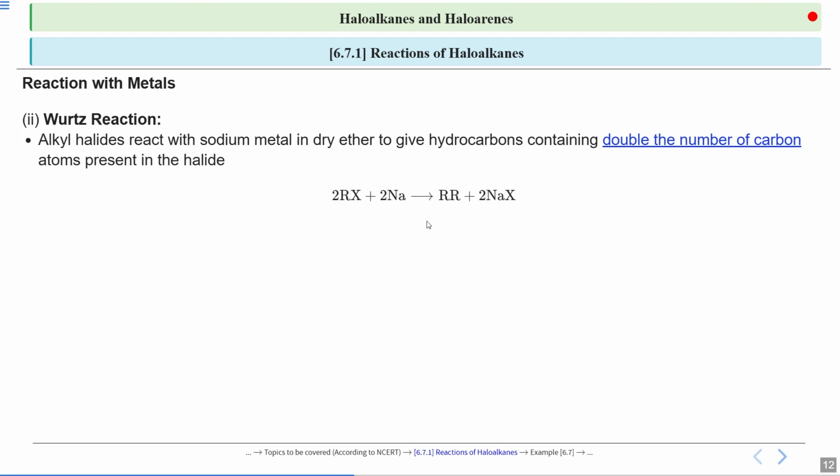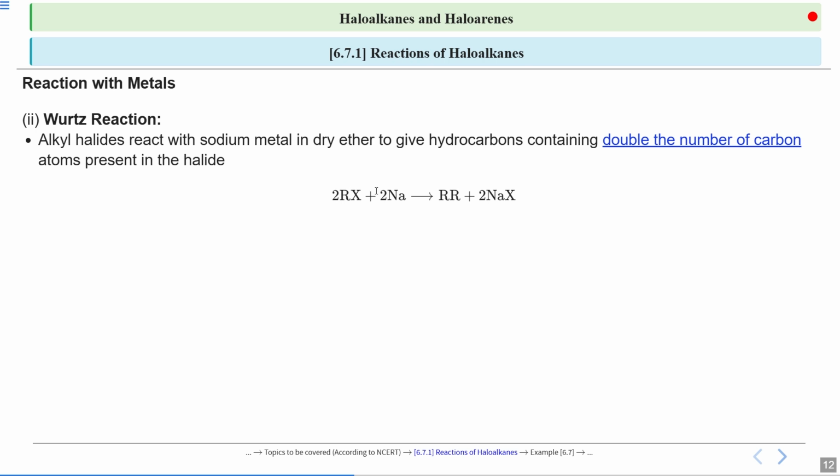So what is happening? Basically, sodium donates its electron to the alkyl halide to form an alkyl radical. This reaction follows a radical mechanism, and sodium forms sodium halide, right?